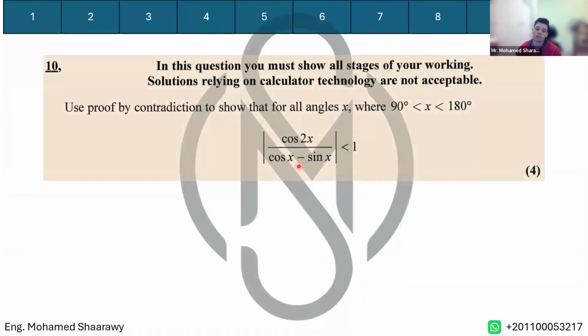Last question, question 10. Use proof by contradiction to show that for all angles x where x lies between 90 and 180, the modulus of cosine 2x over cosine x minus sine x will always be less than 1. Okay, let's first assume the opposite.